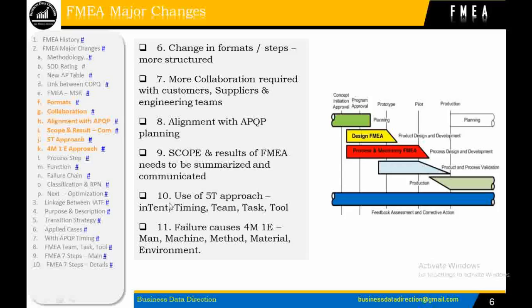The 10th major change is the use of the 5T approach, that is intent, timing, team, task and tool. And the 11th major change is that we have to write failure cause in 4M1E, that is man, machine, method, material and environment. These are the 11 major changes mentioned in the new FMEA.